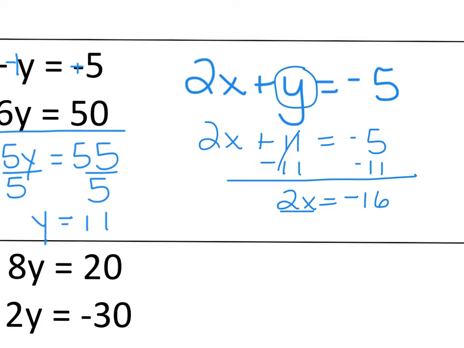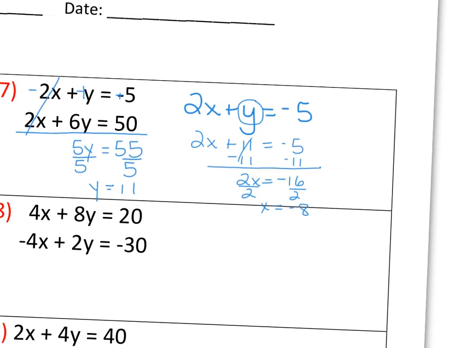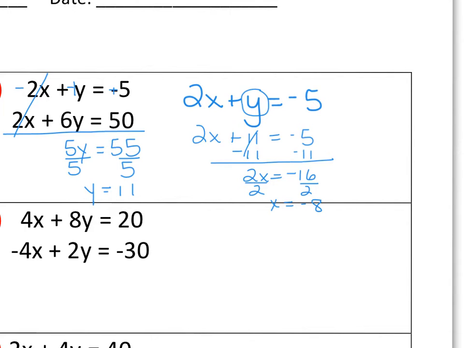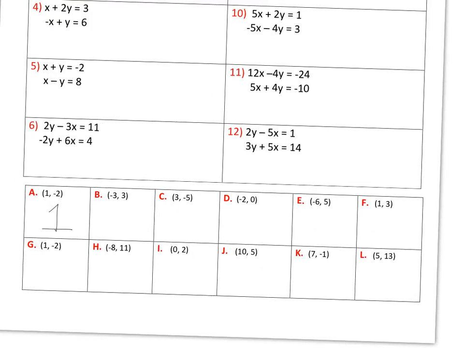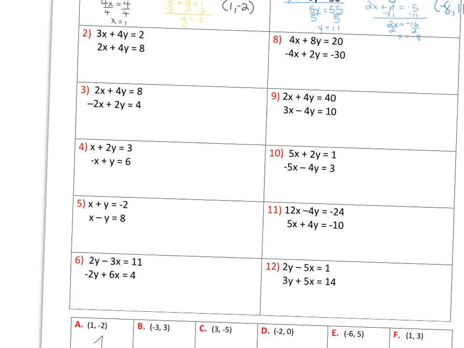Divide by 2. X equals -8. So I have to write my answer like a point. So -8 has to come first because it's my x. So it's -8 and 11. So I'm going to look down at the bottom for that answer. And I see it, it's letter H, and I'm going to mark this 7, because question number 7 was what we just did. Okay, moving on.